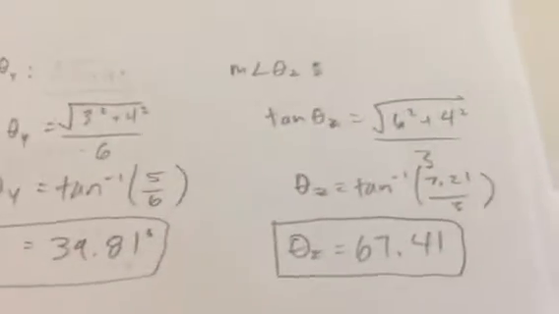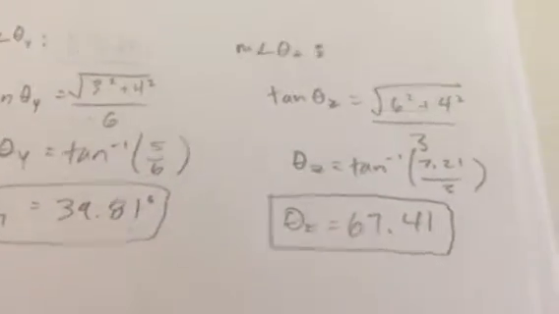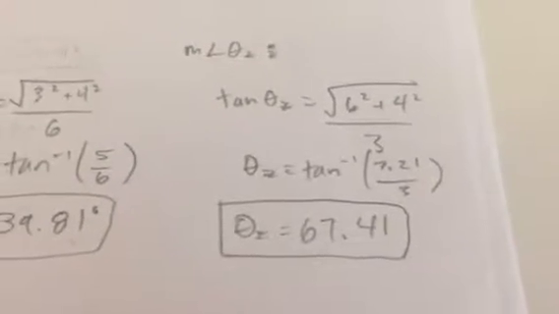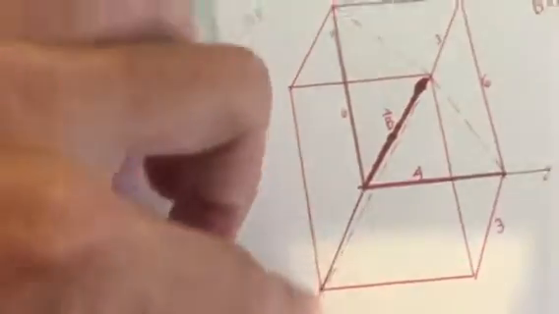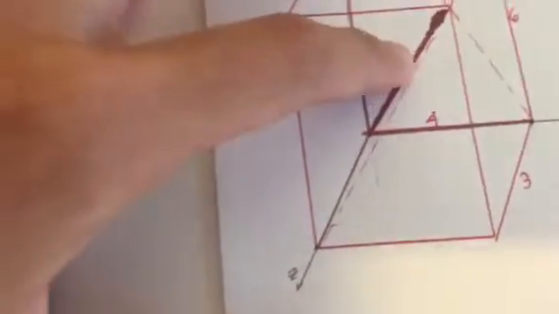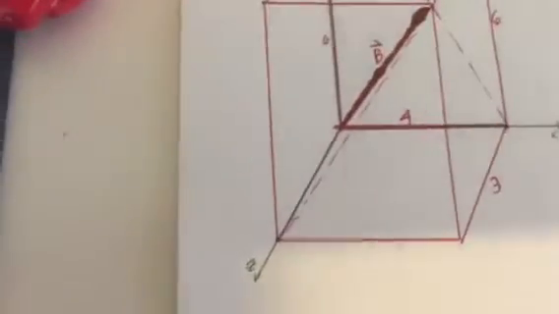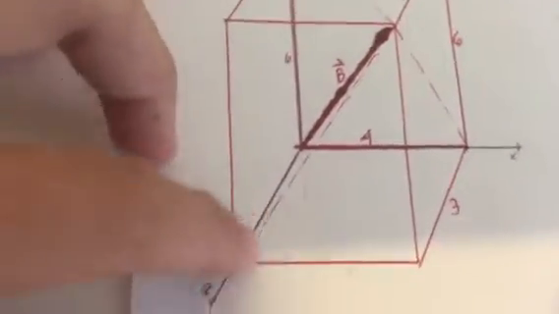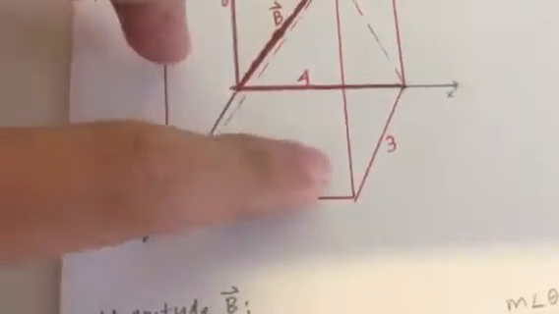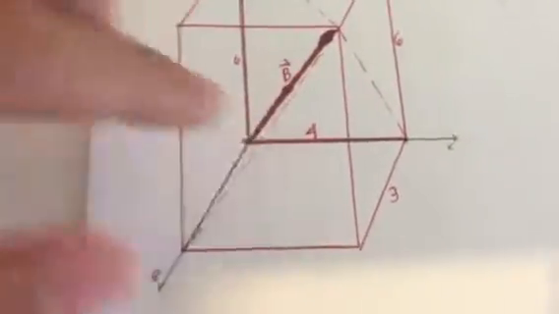And lastly, we need to find the angle that it forms with the z-axis. So we use tangent again, so opposite over adjacent. And the opposite of the angle that it forms with the z-axis is this diagonal right here. So square root of 4 squared plus 6 squared.